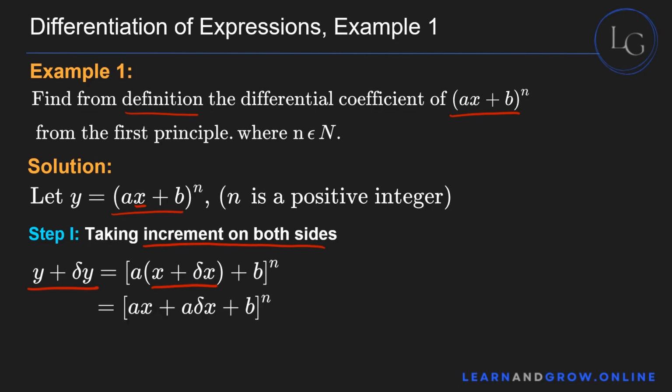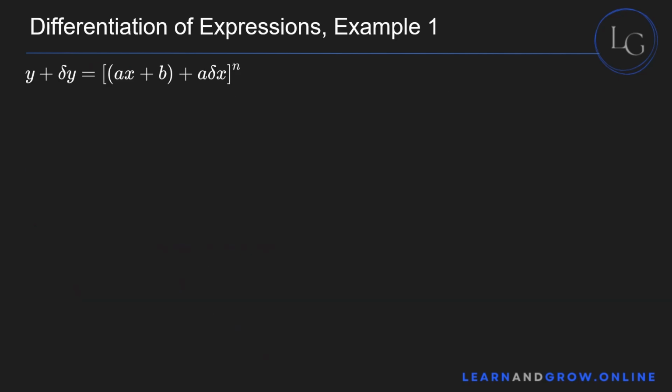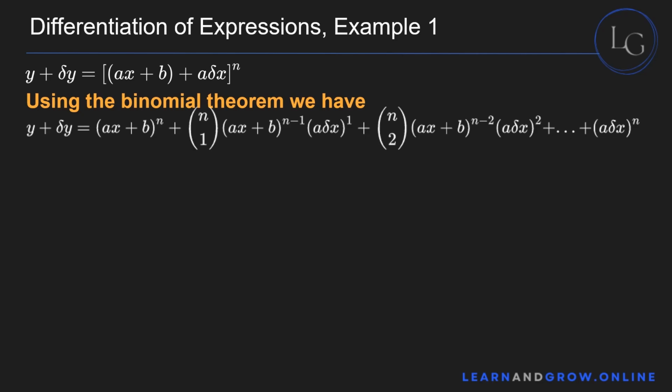So now once you expand this, it becomes (ax + a delta x + b)^n. Now you can write this ax plus b in one place and this a delta x in one place, and we'll see why we have done that. So this is what you have, and now you'll apply the binomial theorem on the right hand side.